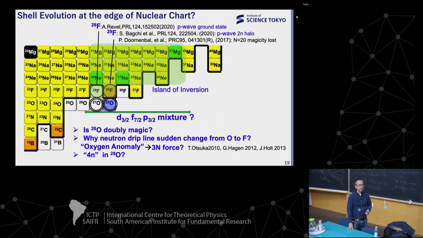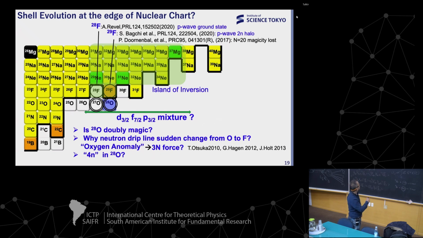So oxygen 26 is a bit above with respect to oxygen 24, and oxygen 28 is higher. Basically, the three-body force is creating a kink. With respect to oxygen 24, the nuclei that come next are unbound.